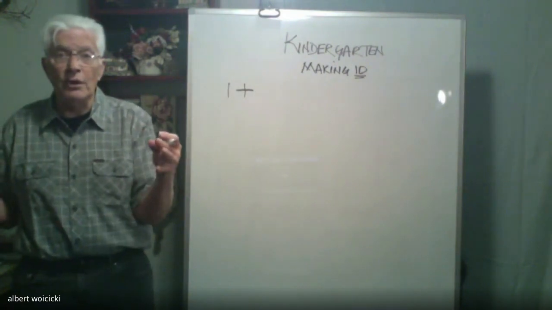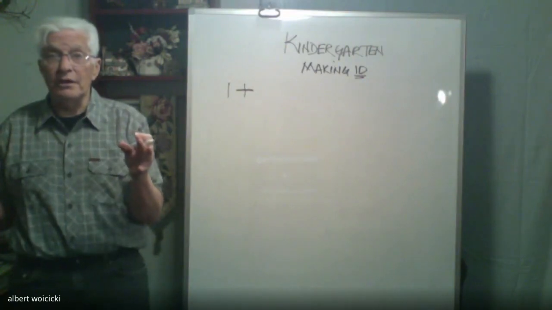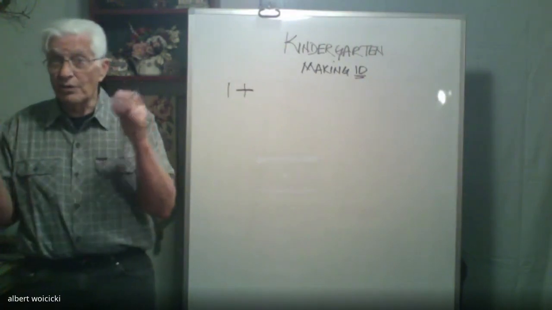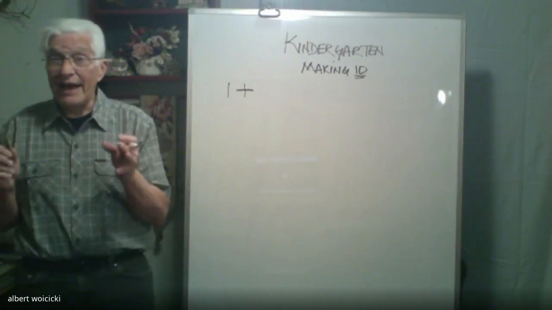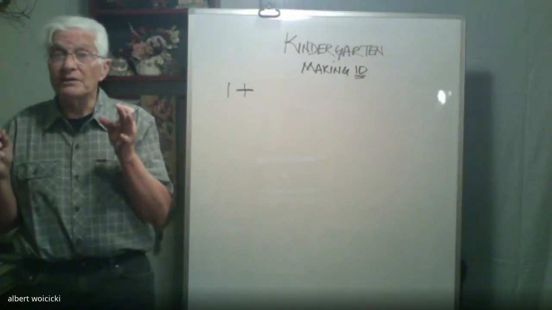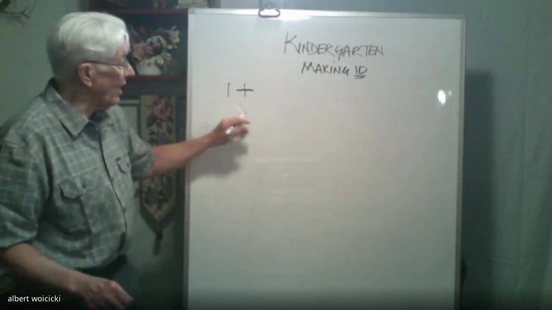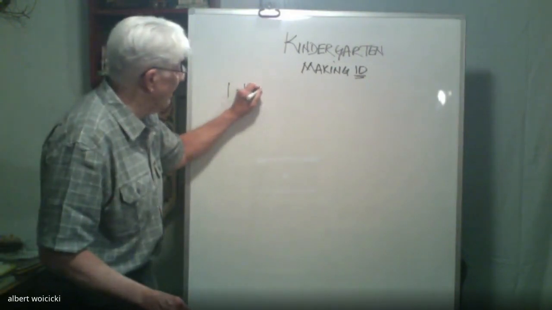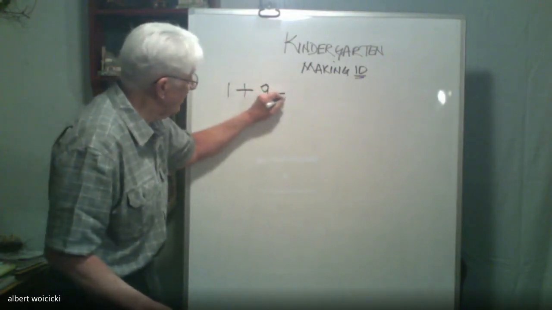That's my rule. I can only have 2 digits, and they have to be different. Okay, that's the rule. 2 digits, they have to be different, and I have to add them together to make 10. So I get 1 plus 9, and that equals 10.